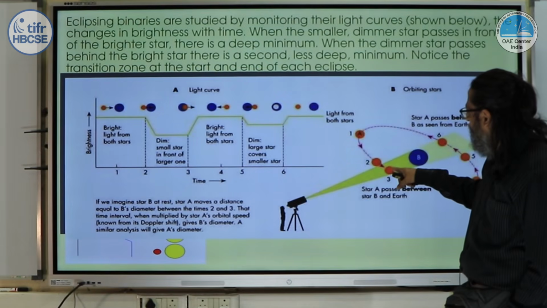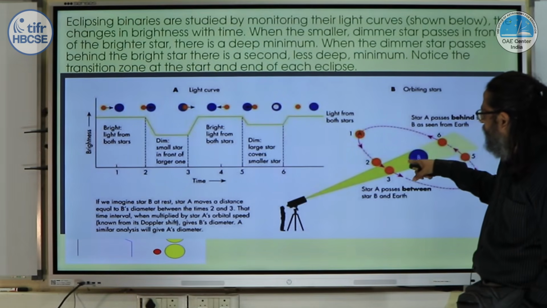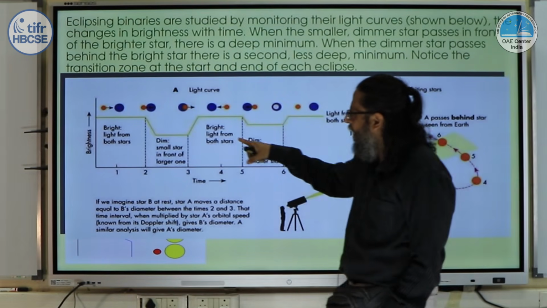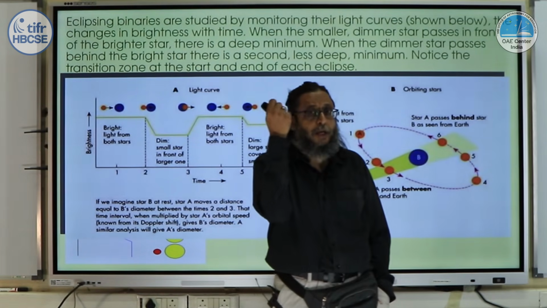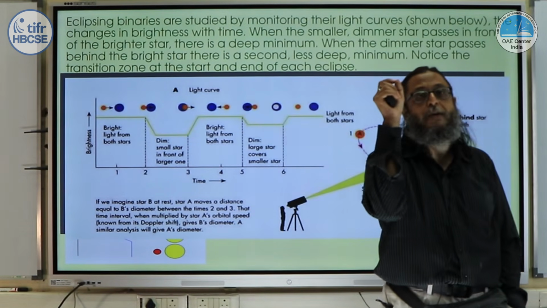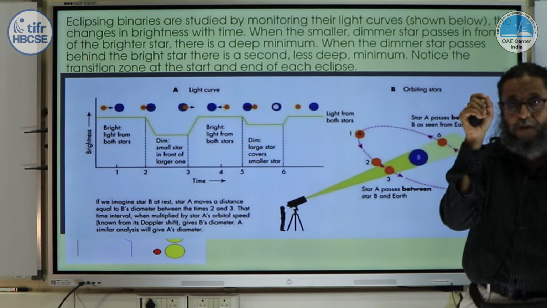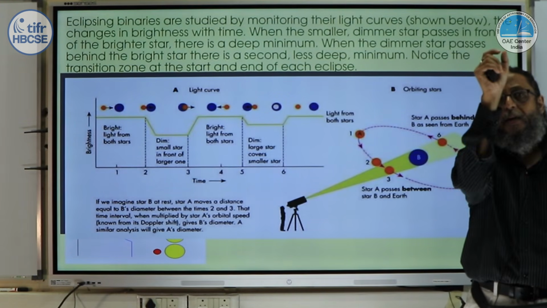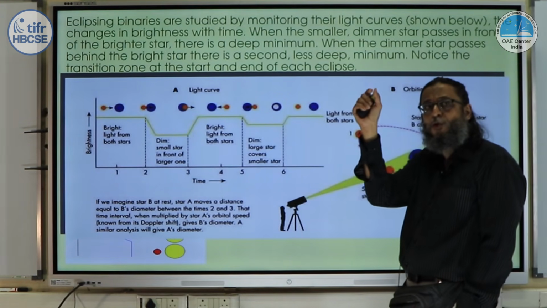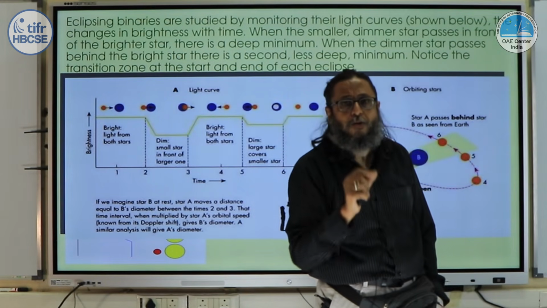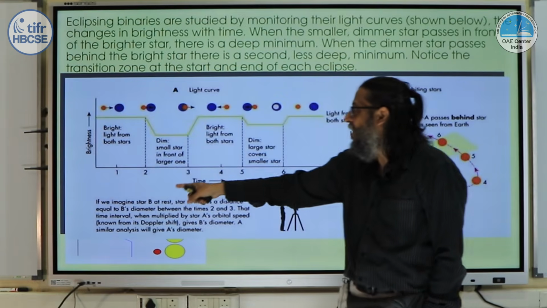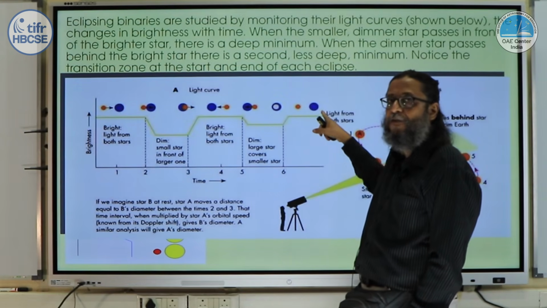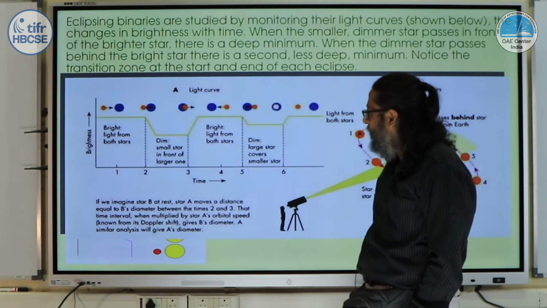This is the line of view of the observer, and this is what the observer is seeing, right? Mind you, you may or may not be able to resolve the two-star system, okay? It might happen that these two objects appear like one point source, but the total amount of light is changing as a function of time, okay?